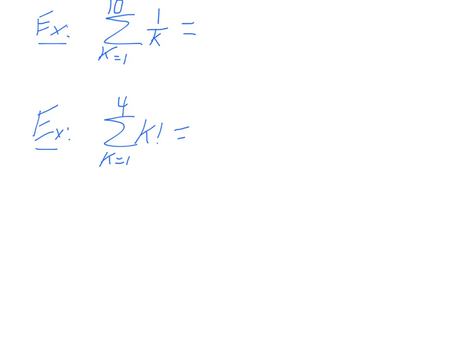Okay, so the first one here is just 1 over 1 plus 1 over 2 plus 1 over 3 plus 1 over 4, all the way out to 1 over 10. That would be the expanded version of that.